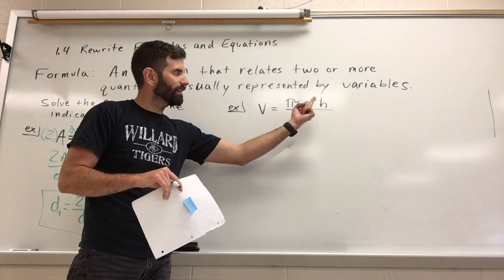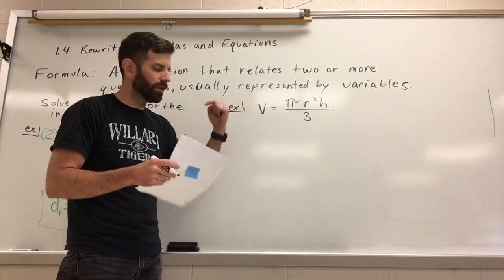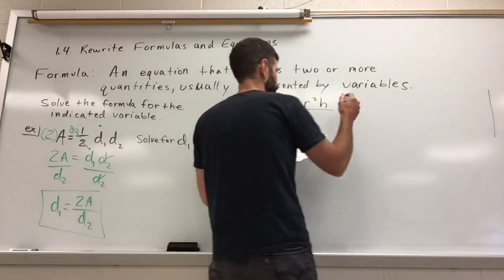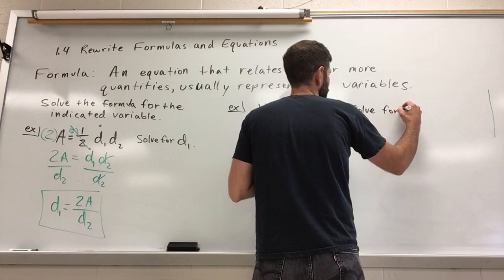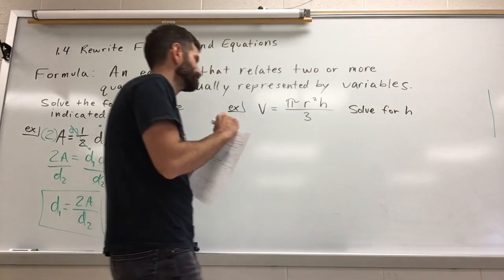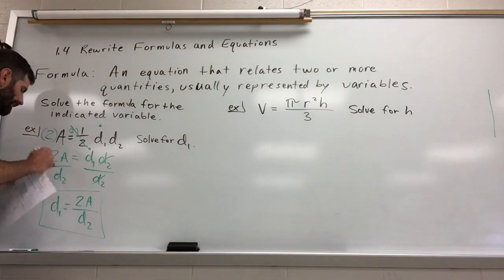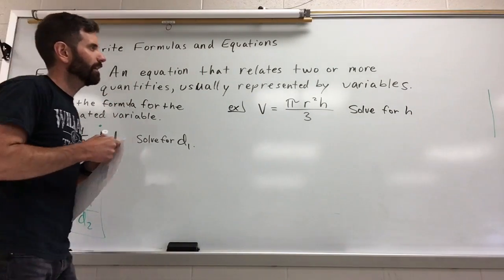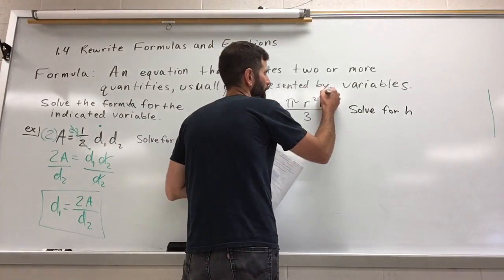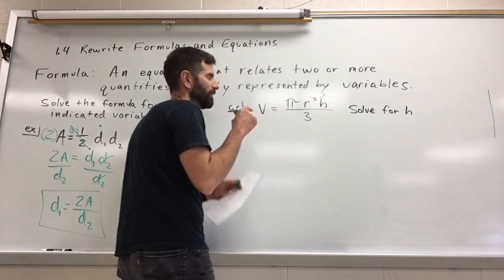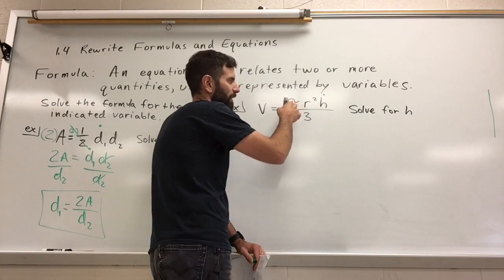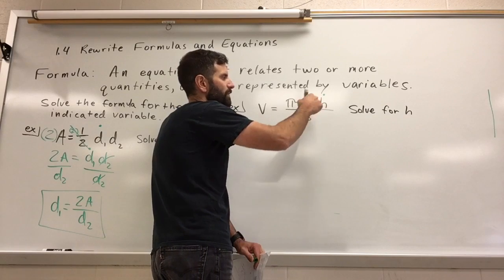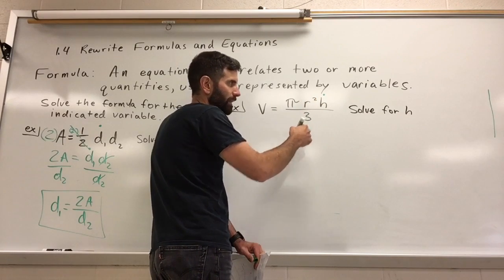But we've got radius and height that we're dealing with, and they want us to solve for height. Solve for h. And again, I'm going to use the same technique of putting the dot over what I need to solve for. I need to get that h by itself. That h is multiplying with the r squared, and it's also got this pi over here. And also it's ultimately being divided by 3.